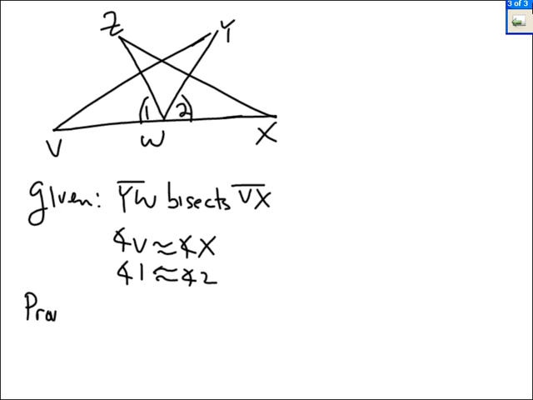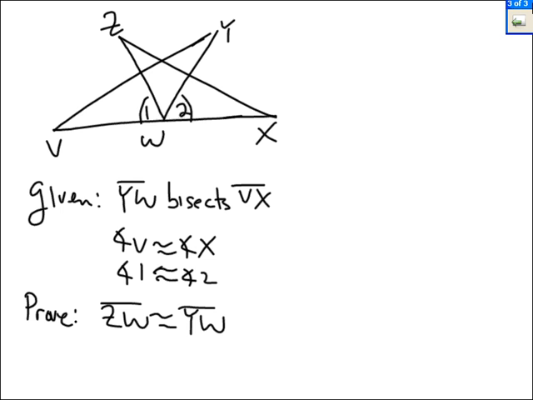And you want to prove that ZW is congruent to YW. See here, you're not trying to prove that some triangles are congruent, but yet I suspect you're going to have to find two triangles.